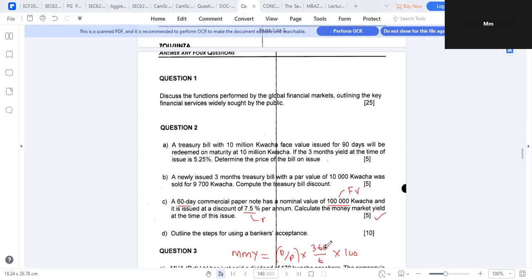Excuse me, sir. When do you use the 360 and the 365? Days are 365 unless otherwise mentioned, but we use 365. We use 360 when it's mentioned, but it's assuming the year has 365 days.